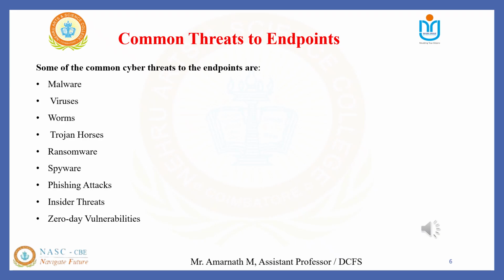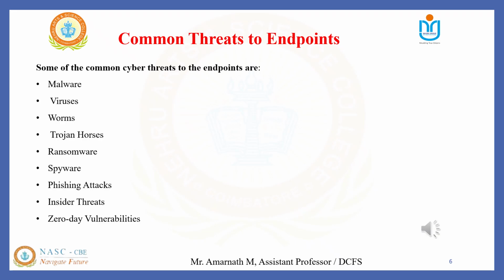A virus is a type of malware that attaches itself to a legitimate file or program. When the infected file is opened, the virus activates and spreads to other files or systems. This virus can corrupt files, reduce system performance, or sometimes completely damage the operating system.